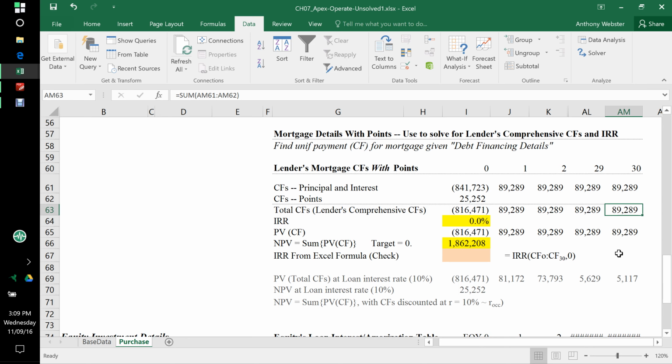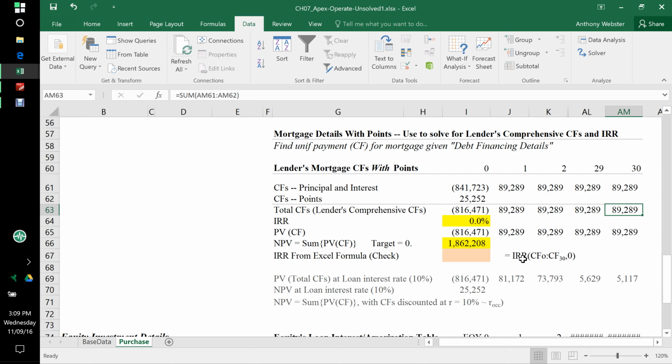So now what I want to do, always for the lender, we're interested in her IRR from her comprehensive cash flows, okay? That's really the representation of how she's doing on this project. And it really better be greater than 10% if she's got fees.